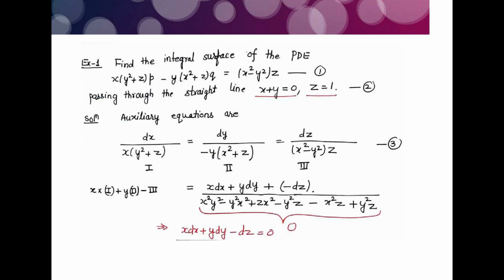Consider example 1. We have to find a particular solution of partial differential equation 1 passing through the straight line x plus y equal to 0 and z equal to 1, given by 2.